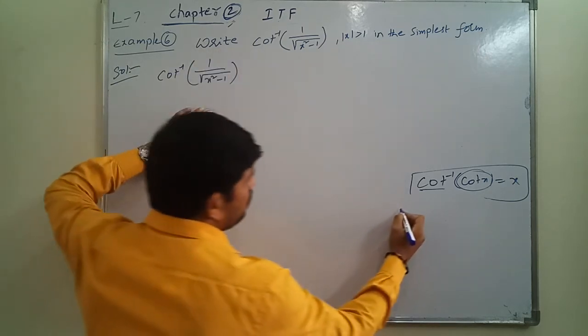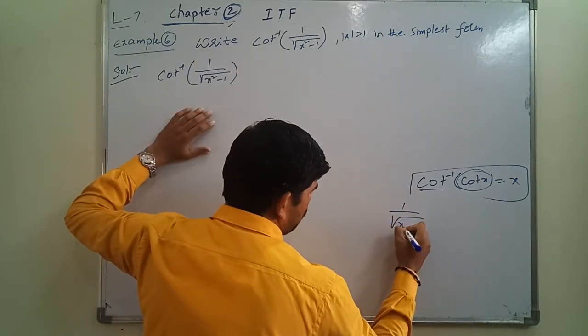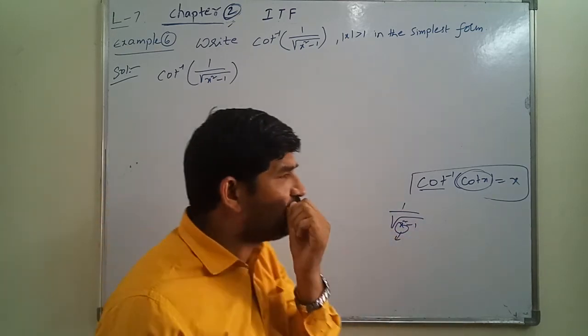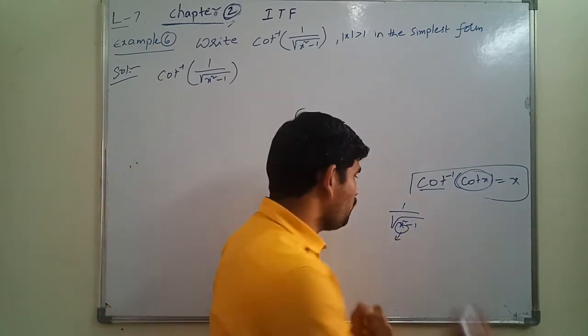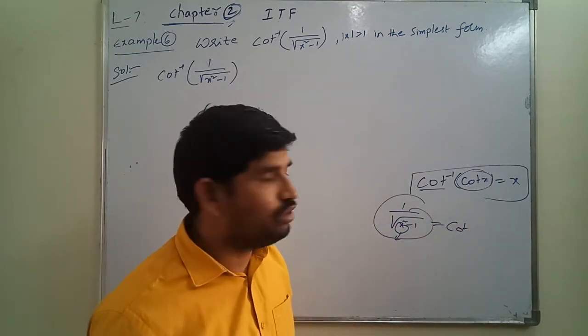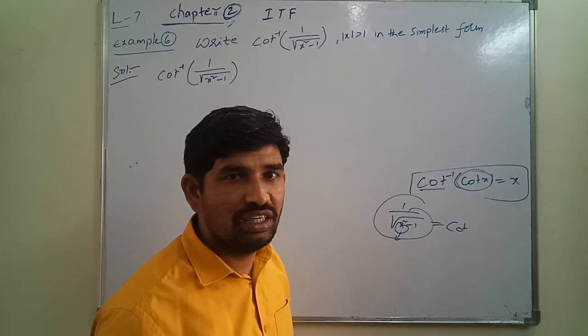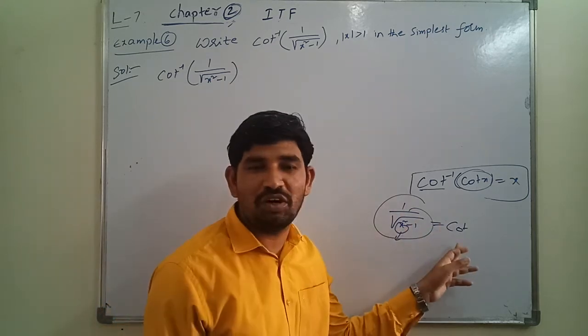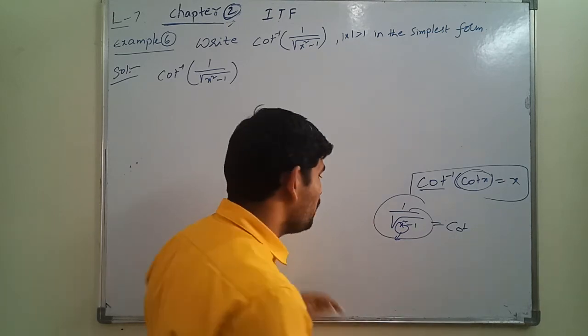Suppose in place of x, if you apply any trigonometric function out of the 6, is there any choice to get this total part as cot? All of you observe and think whether there is any choice to get this total part as a cot.